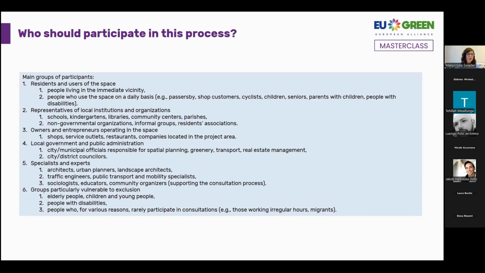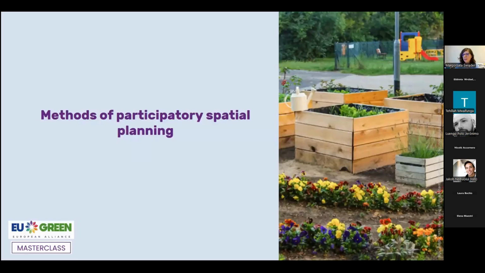And of course, again, the issue that was already mentioned, the collaboration with vulnerable groups, especially elderly people or people with disabilities. We have included such integration of them into the participatory process. And going further, some of the methods I already mentioned for optimal spatial planning, for planning of the area, for the participatory process.